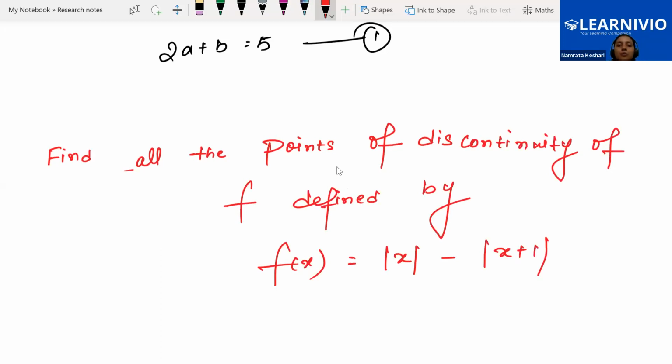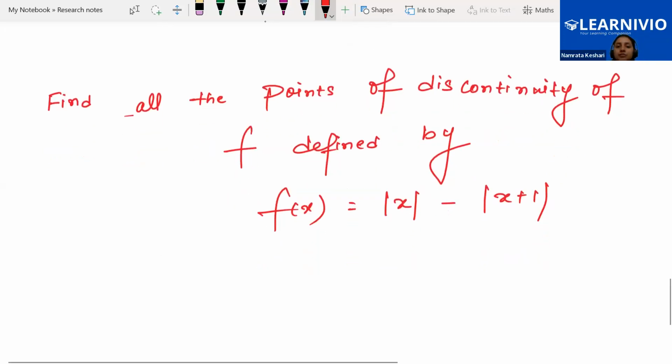Let's find all the points of discontinuity from here, Fatima. First, we must understand how exactly the function is defined over here, right? Yes. And we have to define the function. So the modulus function is defined how?